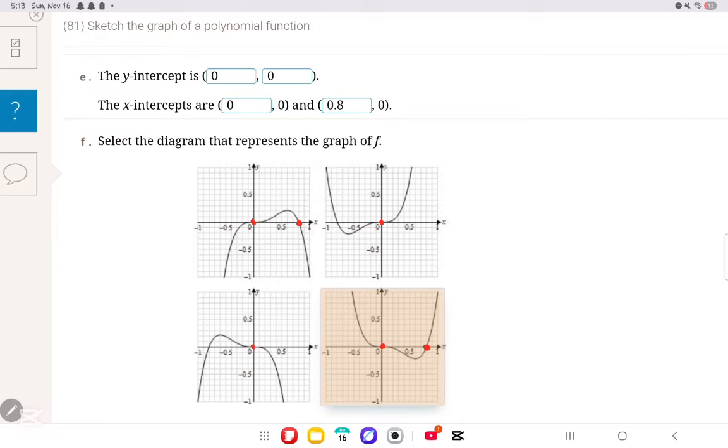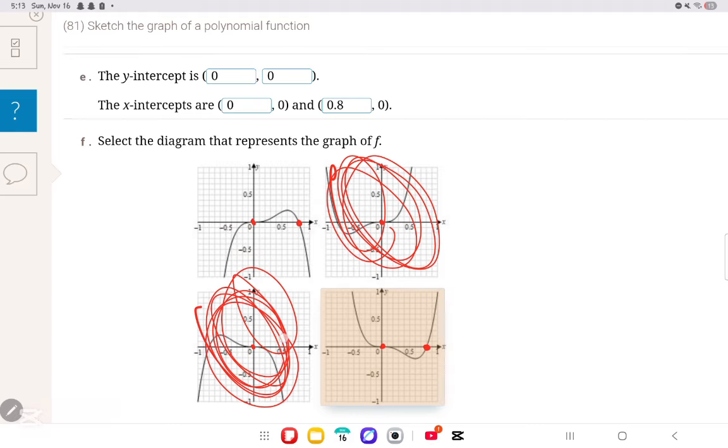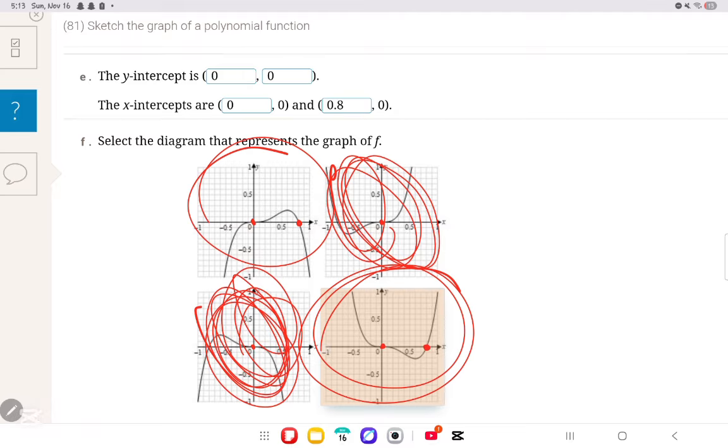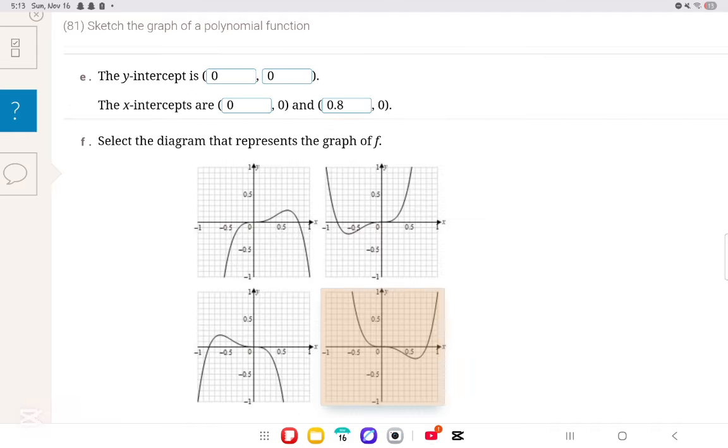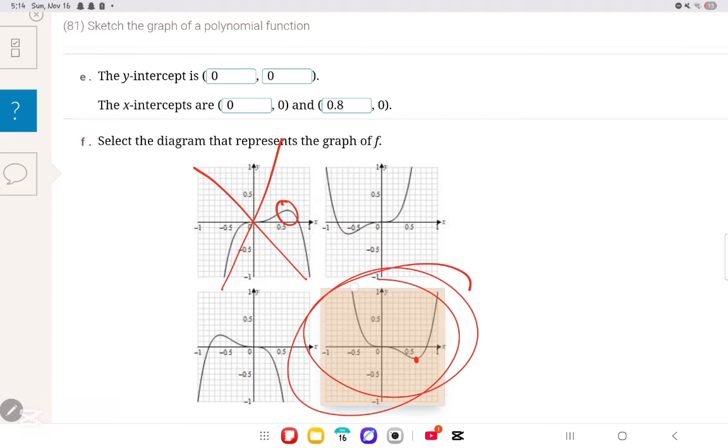So these are wrong because they don't have it. That means I'm eliminating my answers up to these two. Then I go up. I have a local minimum at 0.6. That means at the point 0.6, which is over here, I reach the minimum point. This here is a maximum, so I don't want this. So this is why this is my answer.